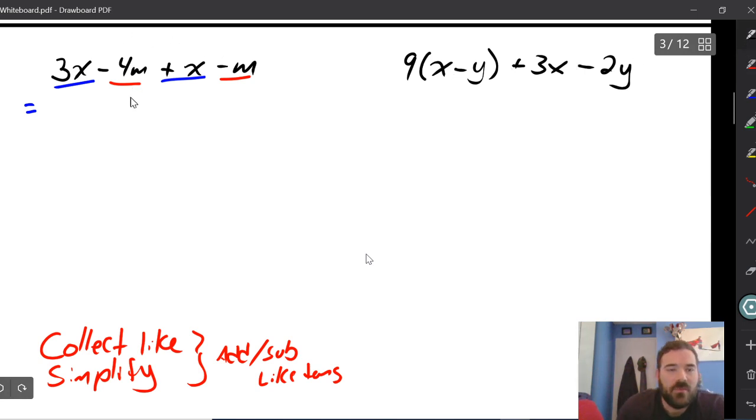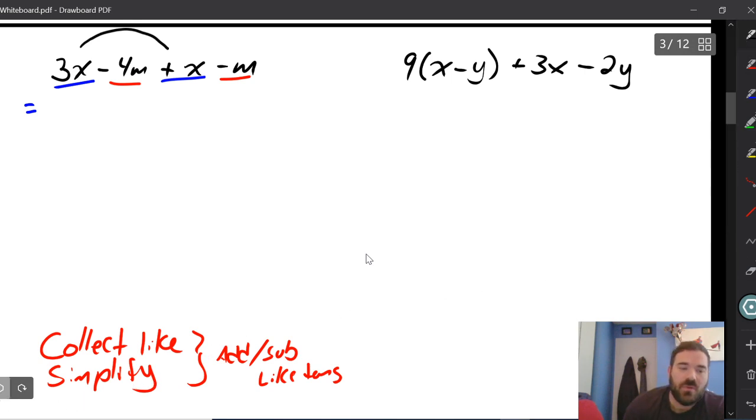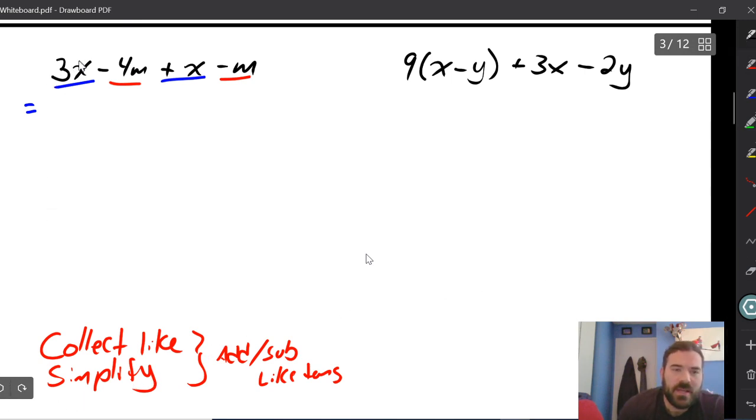So I'm going to start off with the terms with x. I'm going to take 3x and I'm going to add it to positive 1x. So 3x plus positive 1x. So basically I have 3 x's here, I have 1 x here, 3x plus 1 x, that's 4 x's total. Here I have negative 4 m's, and then I'm taking another m away.